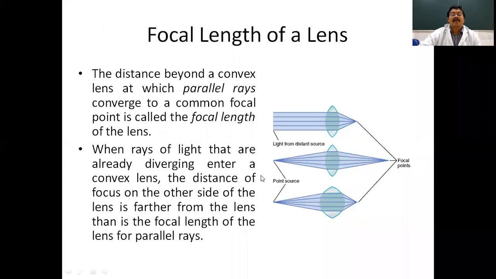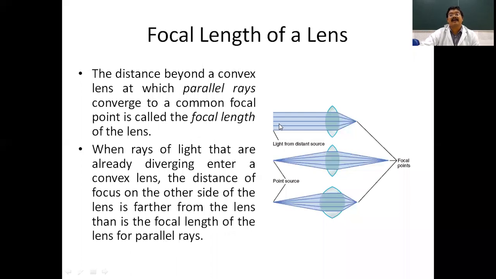Okay, the focal length of a lens: the distance from the convex lens at which the parallel light rays converge to a common focal point is called the focal length. When light rays that are already diverging enter the convex lens, the focus on the other side of the lens is farther than the focal length for parallel rays.